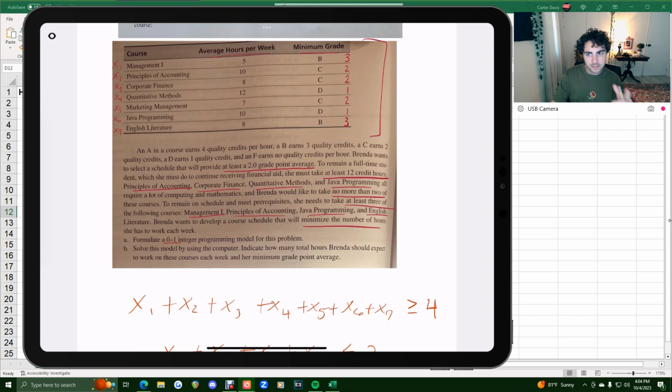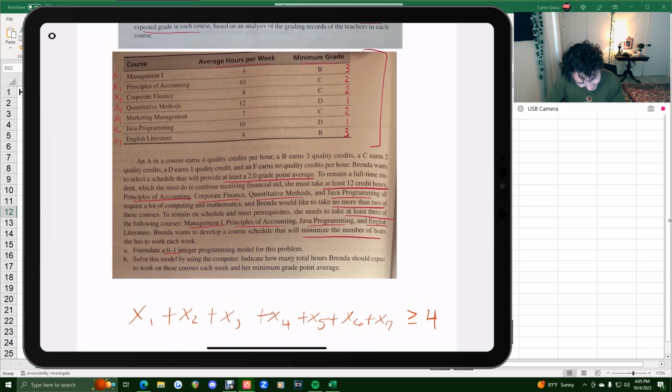So the x's, x1 through x7, could either equal 0 or 1. We either take the class or we do not take the class. We cannot have x1 equals 10 because you're not taking the one class 10 times. That just doesn't make sense. So x1 through x7 are going to either be 0 or 1 in the end. That's the idea behind the 0-1 model.